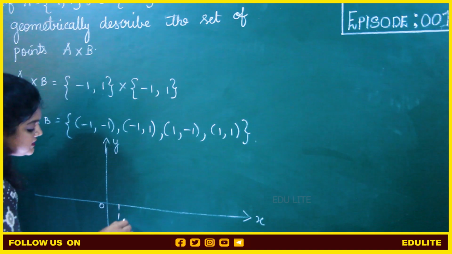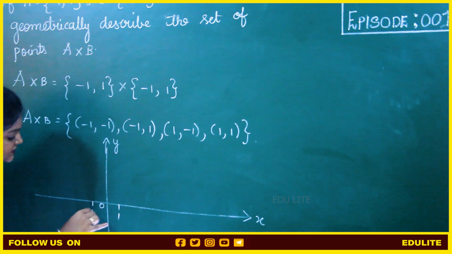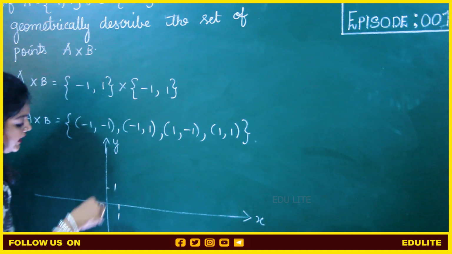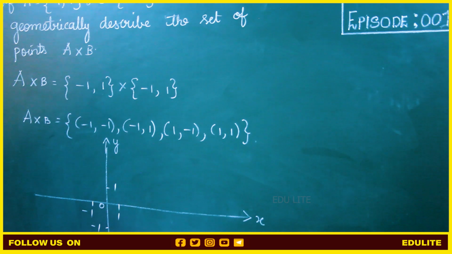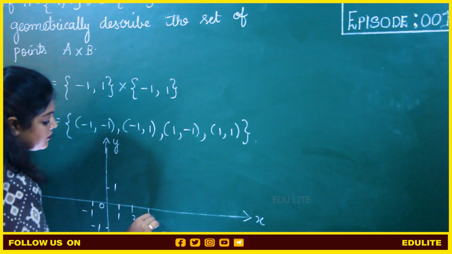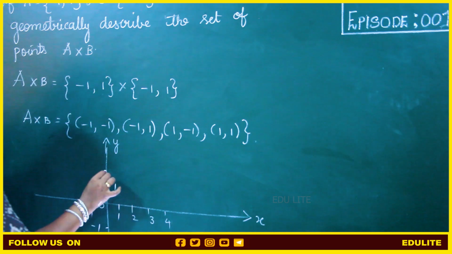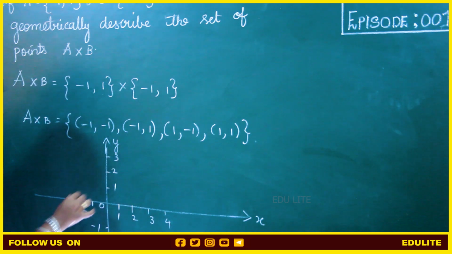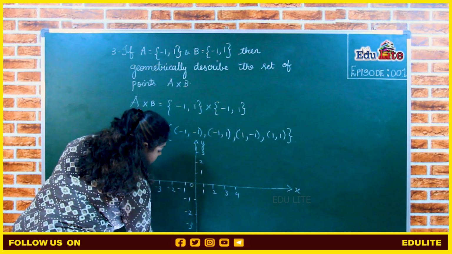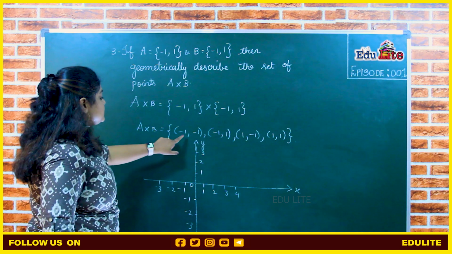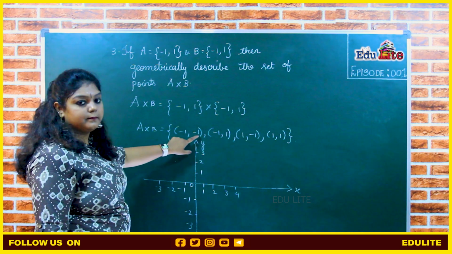On the x-axis this is 1 and this is -1. On the y-axis this is 1 and this is -1.